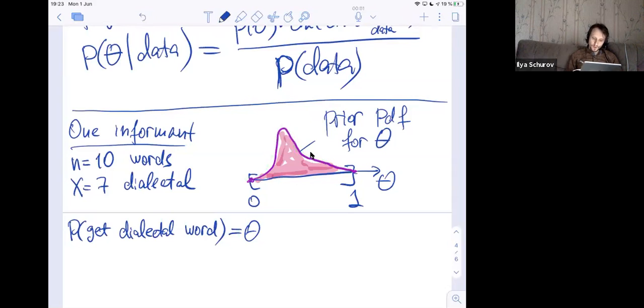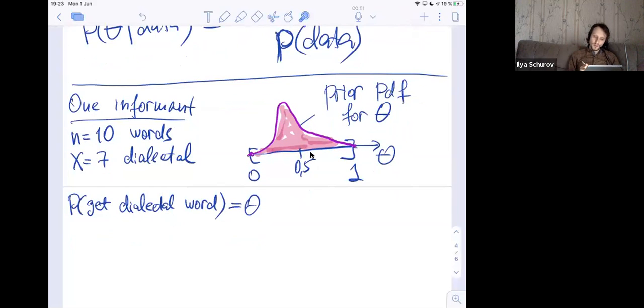So we see that more than half of people will produce dialectal word with probability less than 1/2. And we have some other part who produce them more often. But also we see that there are almost no people who do not produce them at all. So we have this kind of distribution. And we believe that our informant is taken from this population. So the prior probability of this theta is like this. And then this is our prior. And then we do our experiment and we get our data.